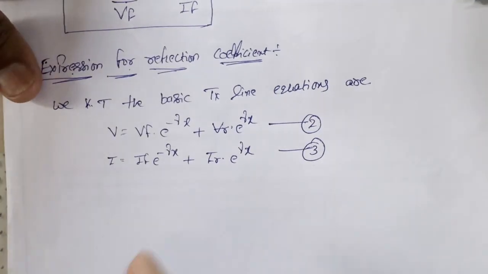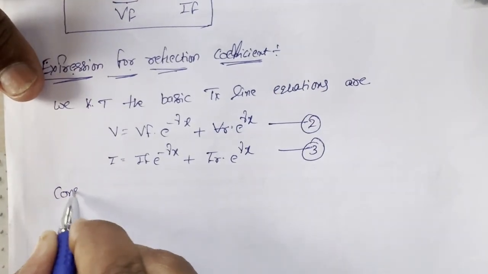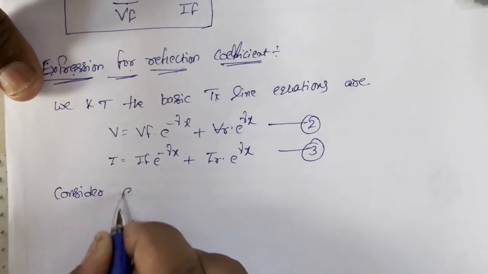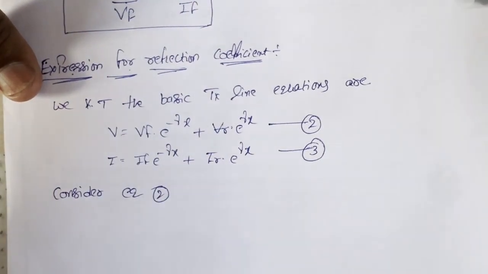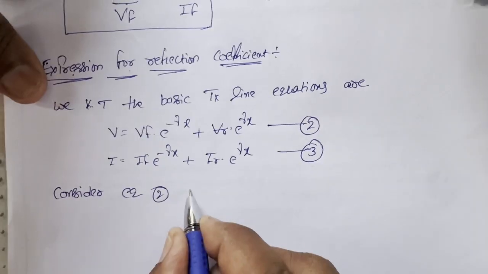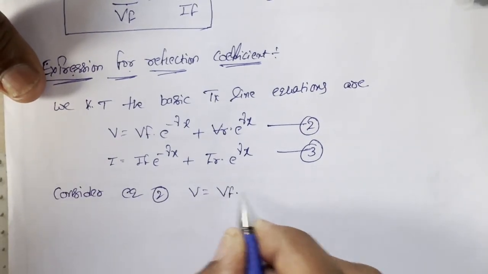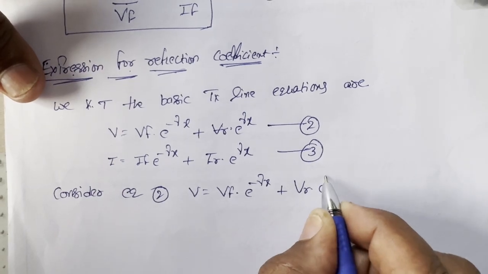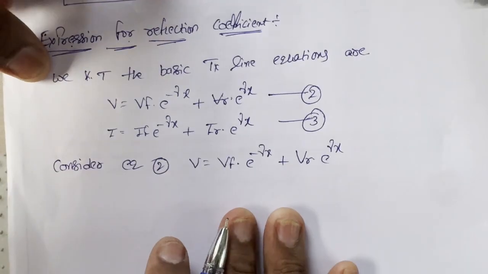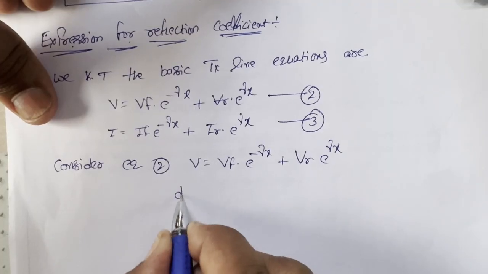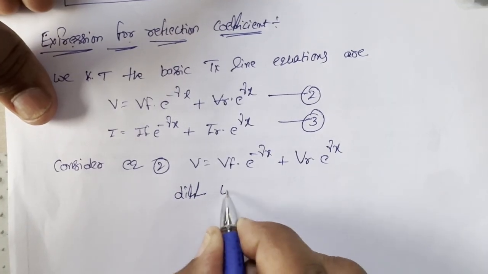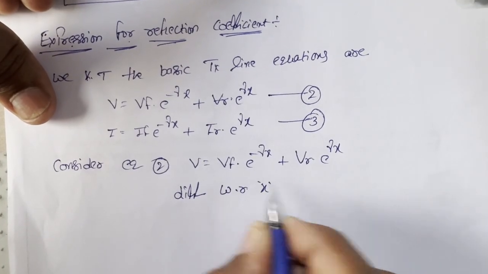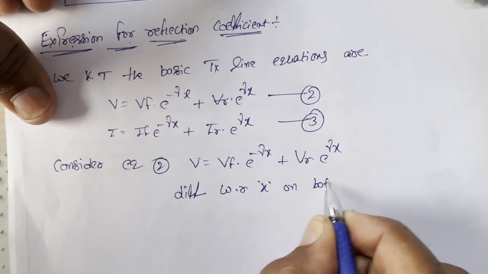Now consider equation 2: V equal to Vf into e power minus gamma x plus Vr into e power gamma x. Now apply differentiation with respect to x on both sides.